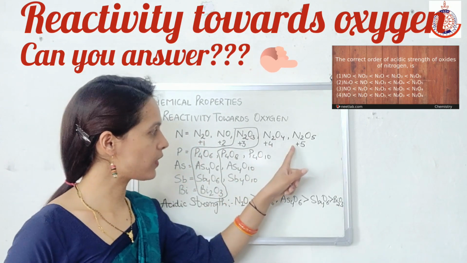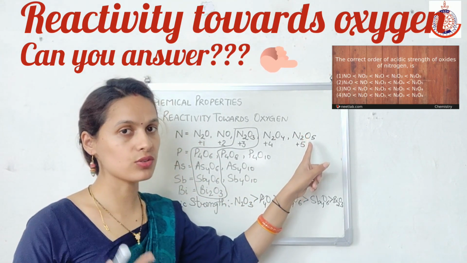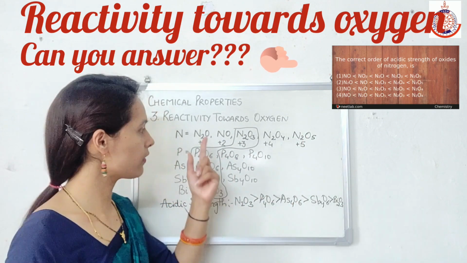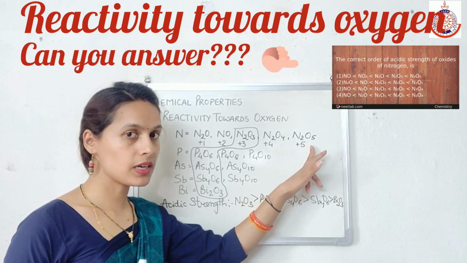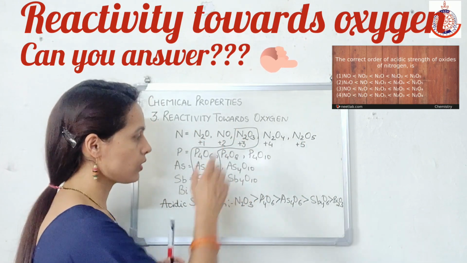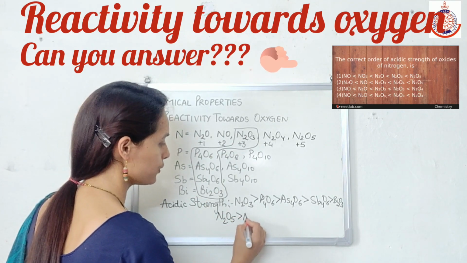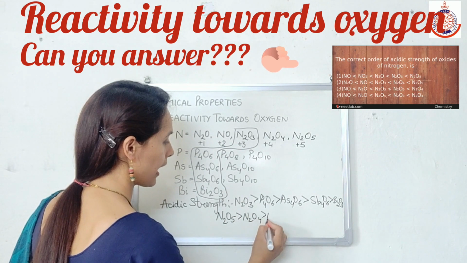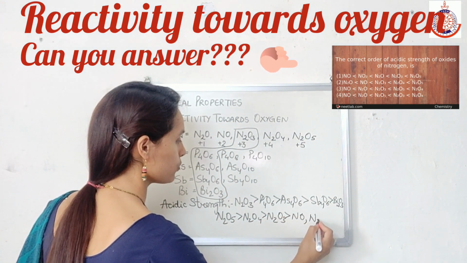It means out of these five, this nitrogen is most electronegative, whereas this one is the least electronegative. So this one is most acidic and this one is least acidic. So the arrangement is N2O5, N2O4, N2O3, NO, N2O.